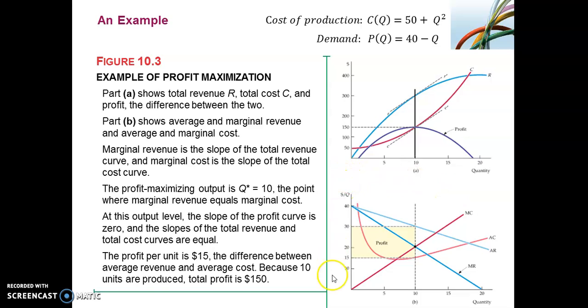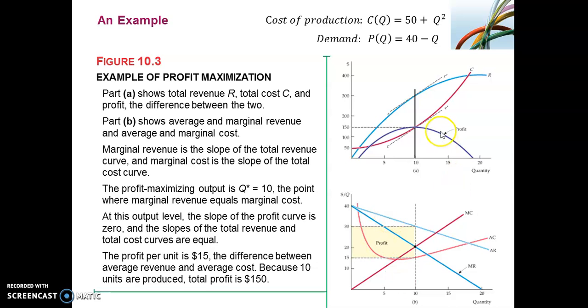In the second part of the figure, part B, we have our marginal revenue and cost curves, as well as our average revenue and average cost curve. So those are our average revenue and average cost. And here's our marginal cost and marginal revenue curves.